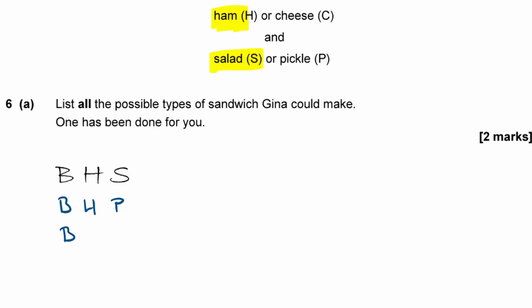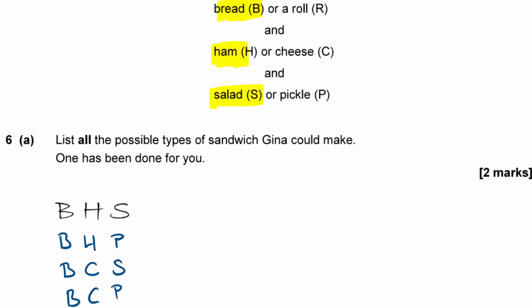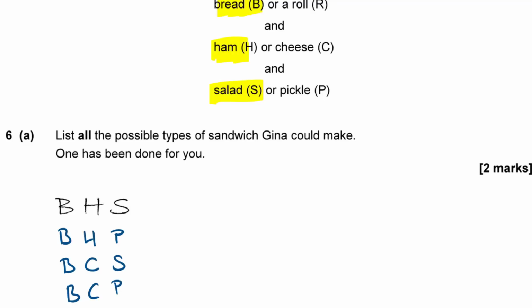So I've done all the options with ham now. So let's switch ham out to cheese. Now I can have bread, cheese and salad, or I can have bread, cheese and pickle. Okay, so that's all my bready, cheesy options. And I think that's all the ones that I can have with bread, isn't it? Because I've got bread and ham, and bread and cheese.